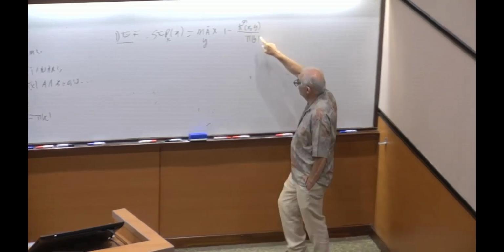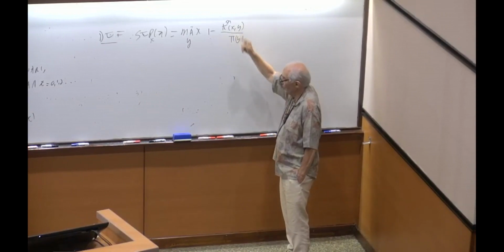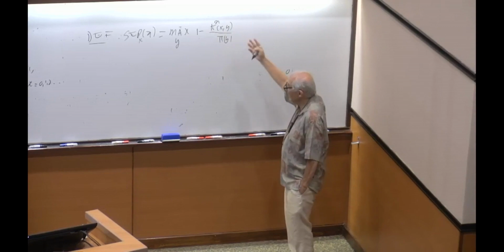As n goes to infinity, of course, this goes to pi of y, and so this goes to 1, and that goes to 0, and this is the worst case of that.